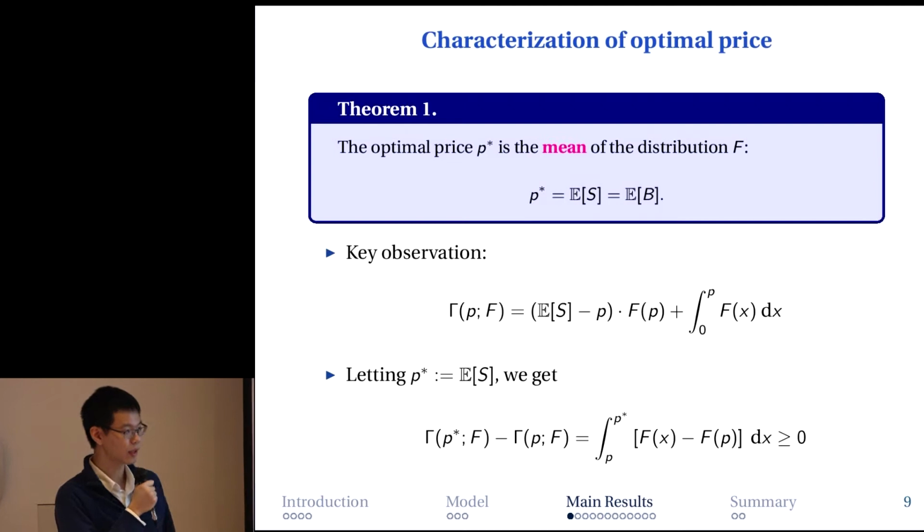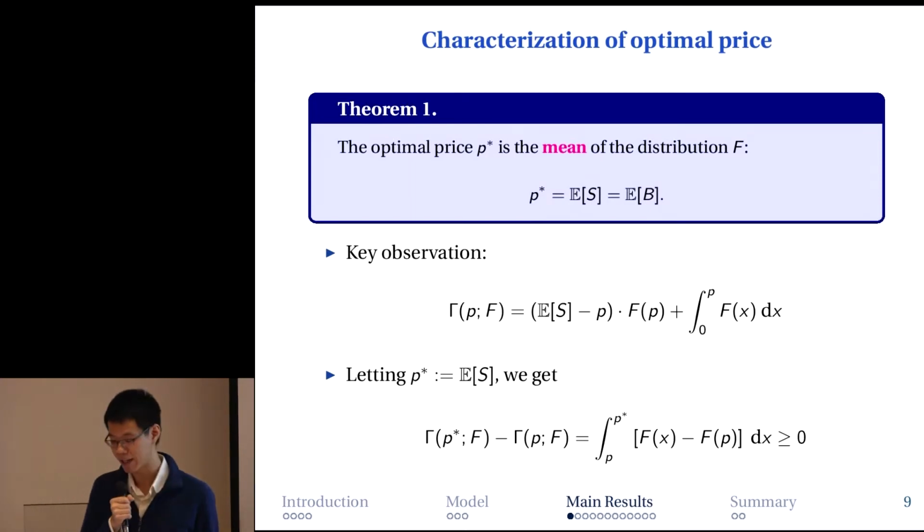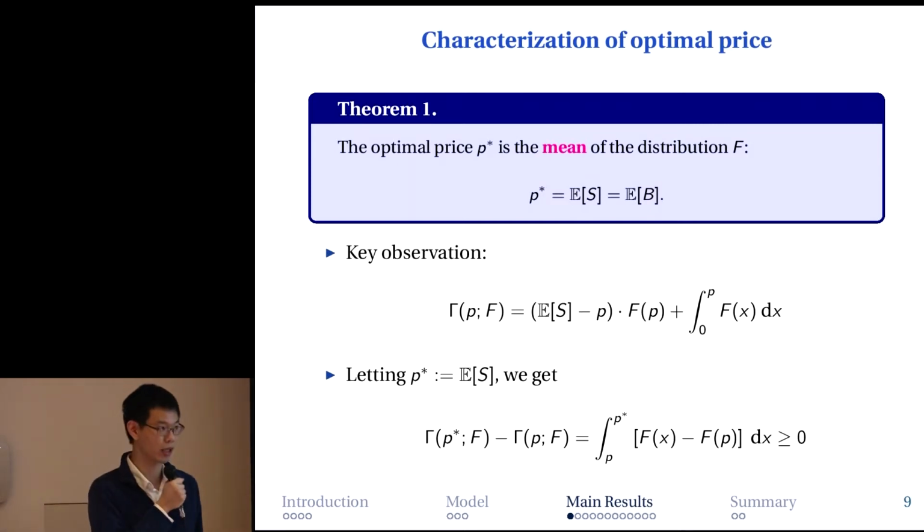And the way we show this is by saying that this difference is exactly equal to the integral of F(x) minus F(p) from p to p star. And to see that this thing is non-negative, we only have two cases to consider. The first case is when p star is larger than p, in which case, because F as a cumulative distribution function is increasing, the integrand F(x) minus F(p) must be non-negative.